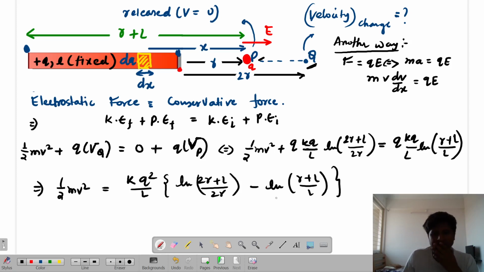So log a minus log b is log a by b, isn't it? R plus L divided by r. Take. So that is equal to how much?